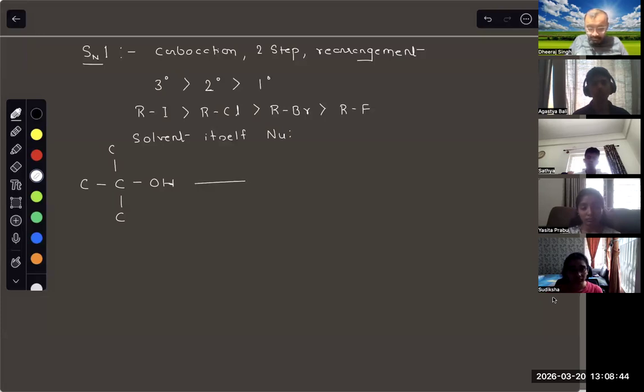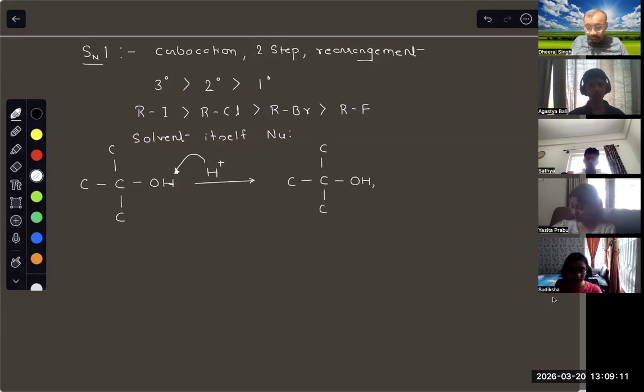You need to first make it a good leaving group by ensuring that there is an acid that attacks OH. Okay, this is an example of a catalysis-based reaction. There is catalysis happening here. H plus is increasing the rate of the SN1 reaction.